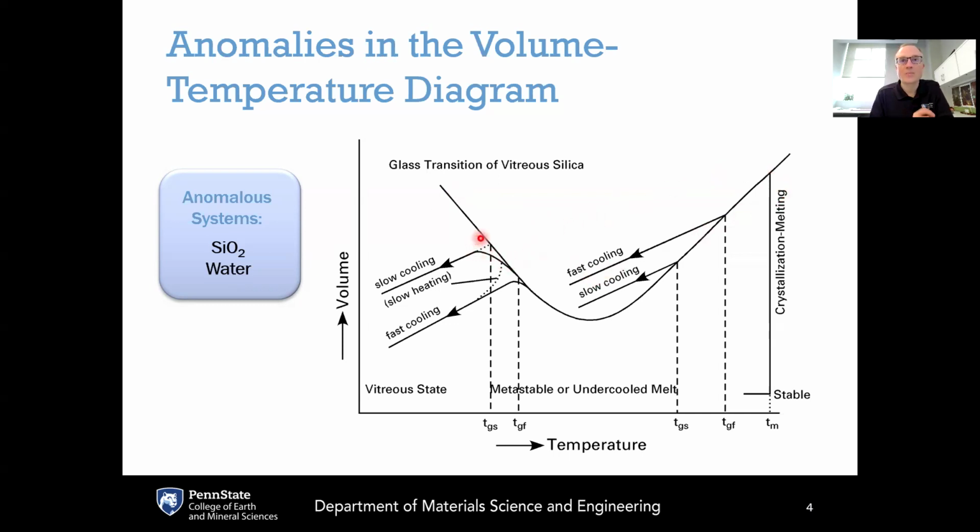So it's well known, for example, that water has its maximum in density, or its minimum in volume, at about 4 degrees Celsius, which means as you cool liquid water down, it's shrinking and shrinking until you get to about 4 degrees Celsius. And then the volume of the water starts to expand again when you cool it below 4 degrees Celsius.